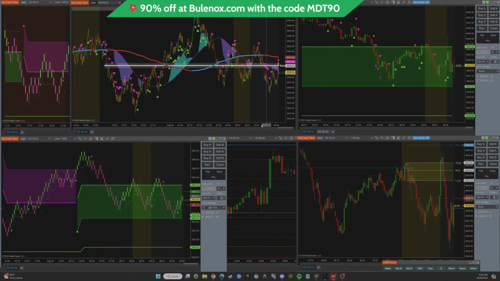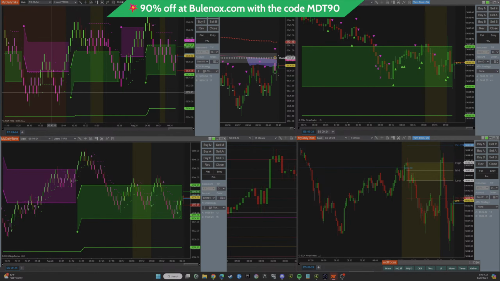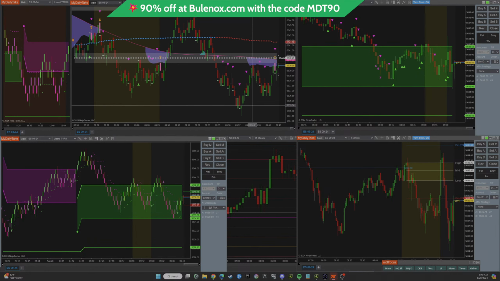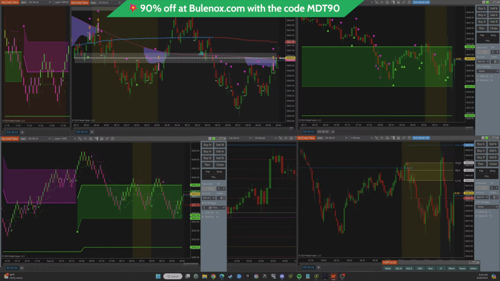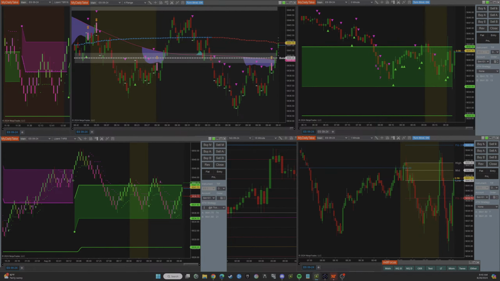Right around this balance area, I typically don't like trading around those, but again, today is pretty much a no news day. So I expect a pretty ranging market, a terrible market to trade. But we'll see what happens here.